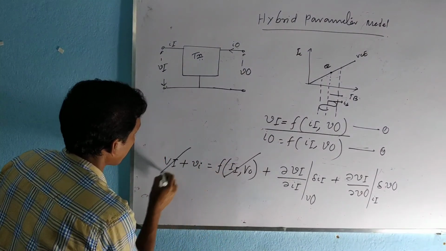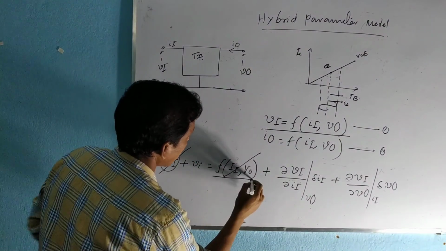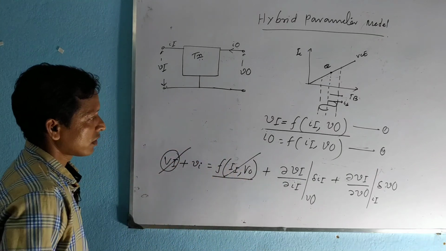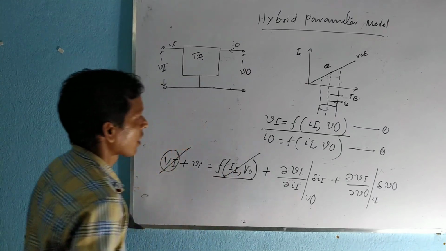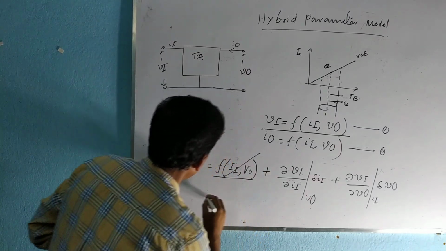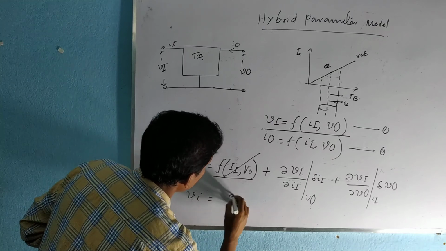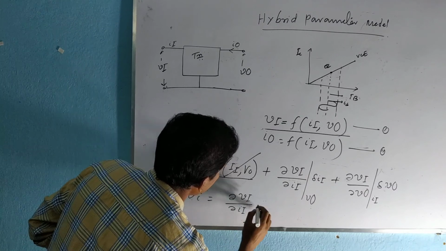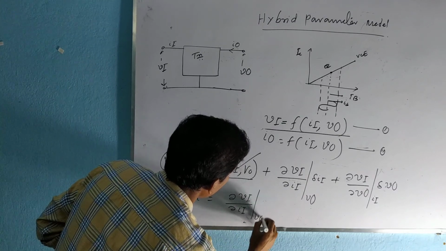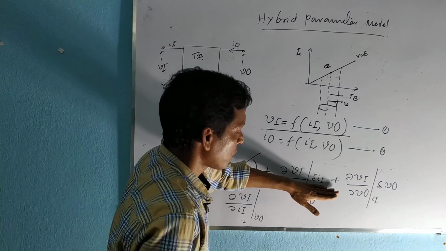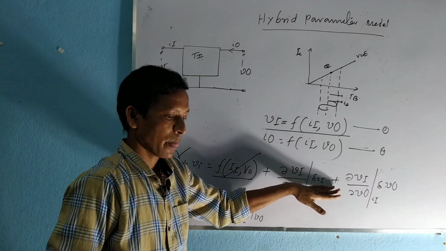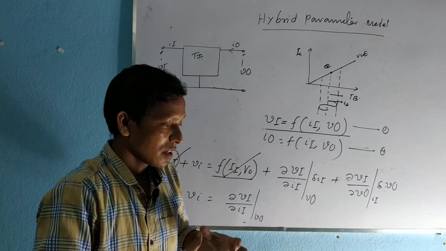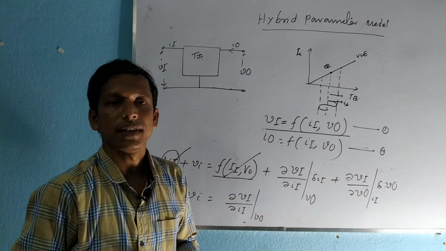This will be cancelled. This is the DC value, and it is a function of the DC current and DC voltage, so they are cancelled, and vi equals delta Vi by delta Ii at constant output voltage, the change in total instantaneous current. Actually, the DC biasing value is very, very much higher than the AC value.